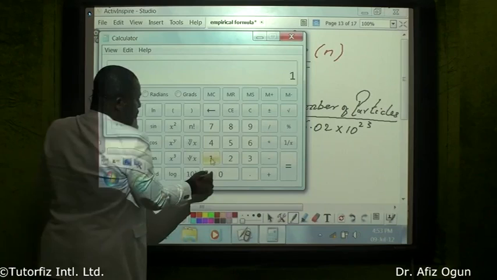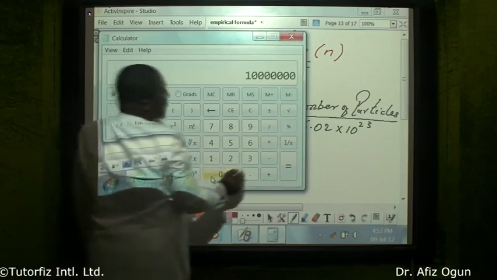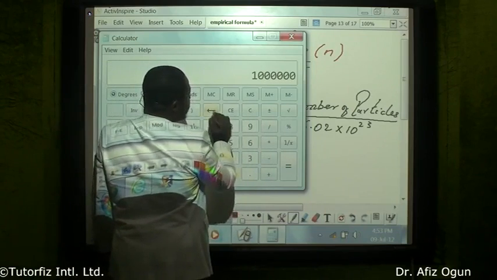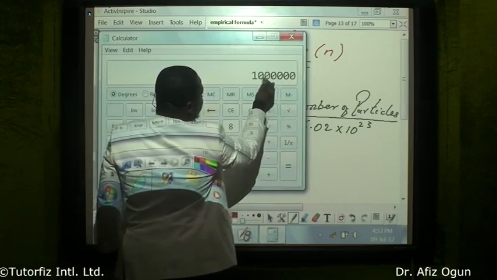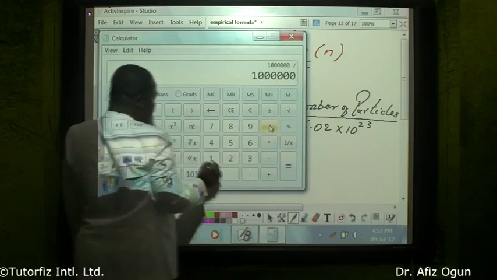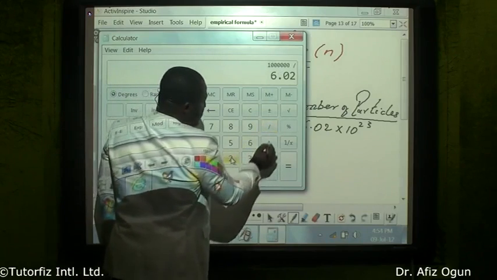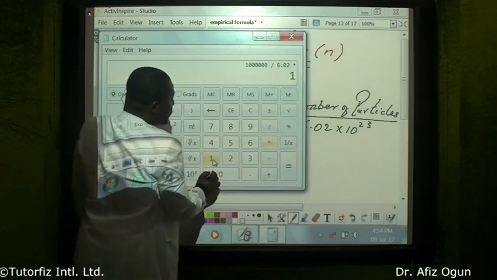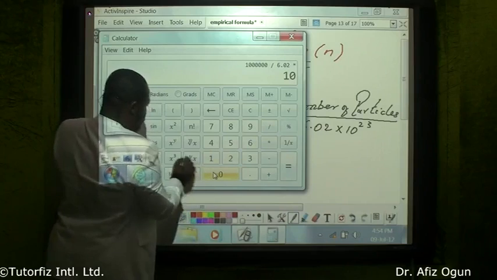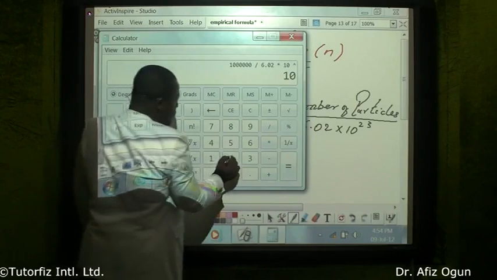This will be 1 million divided by 6.02 times 10 raised to the power 23.